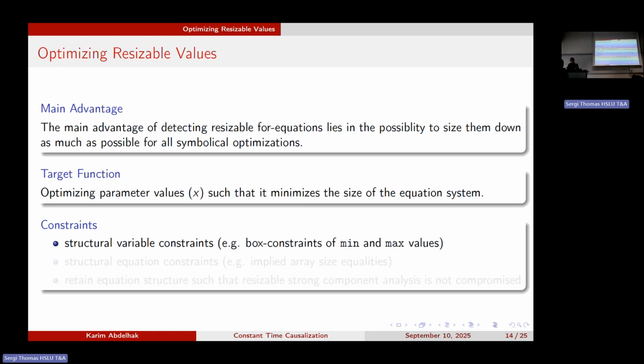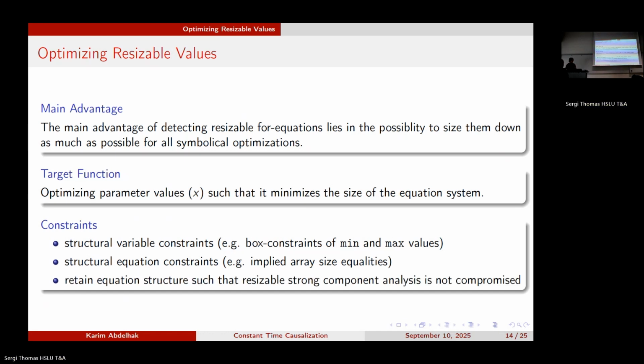That could be box constraints of any form to variables, min-max values, these sort of things. Structural equation constraints, implied array size equalities. If you define the left and the right side of an array equation, these sizes obviously have to add up. So this could tie several parameters together in size. And we have to retain the equation structure. This is basically every equation has to exist. None is allowed to stop appearing in the scalar graph.